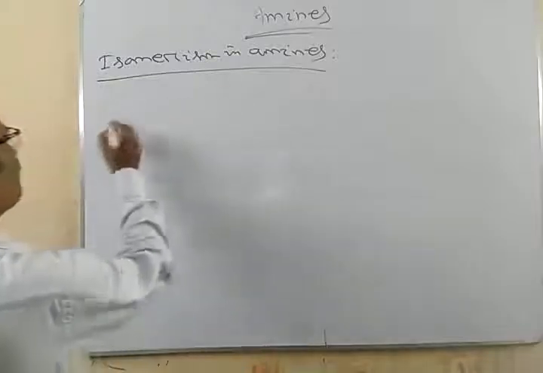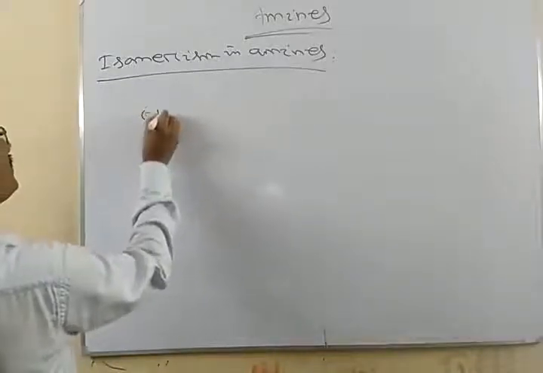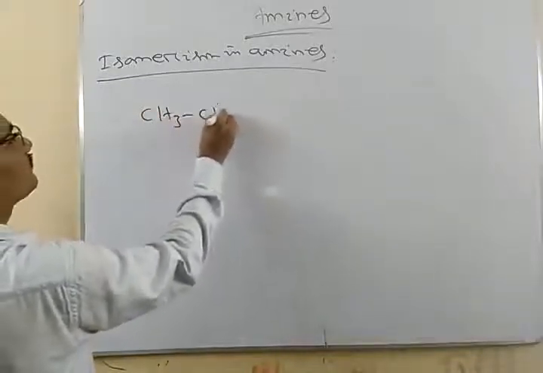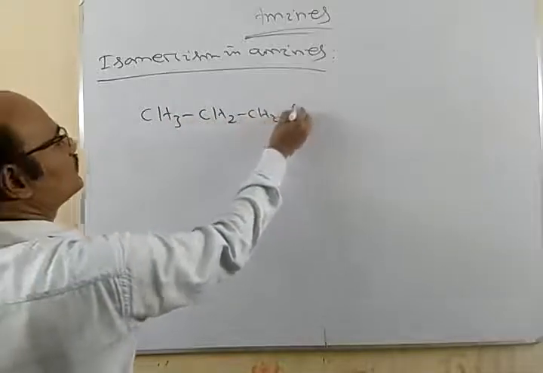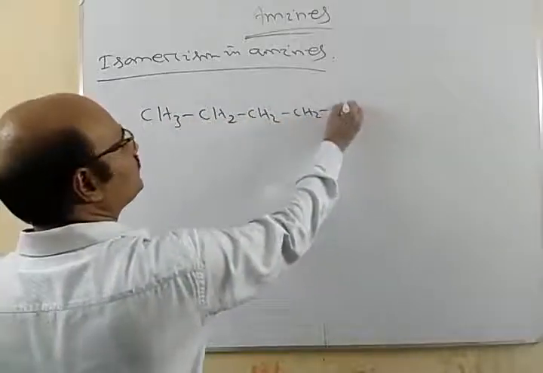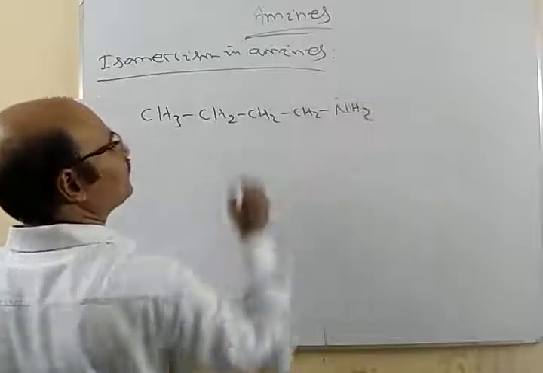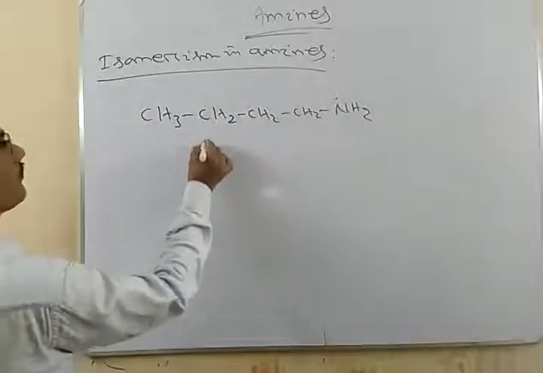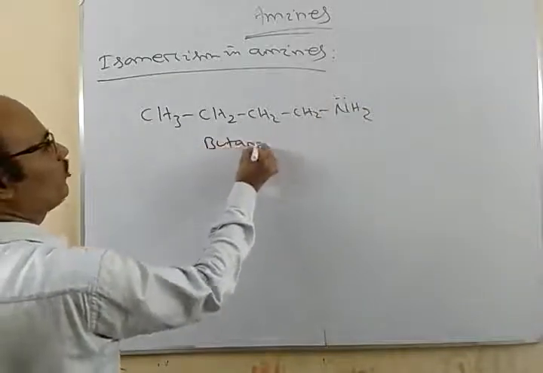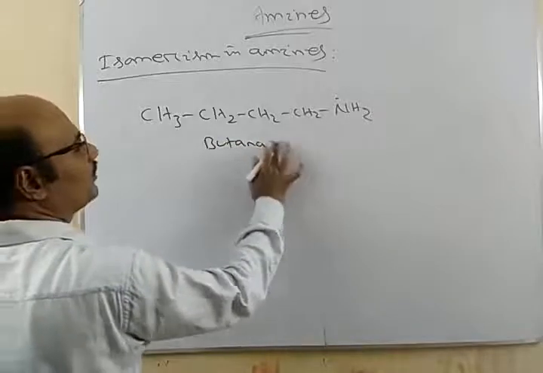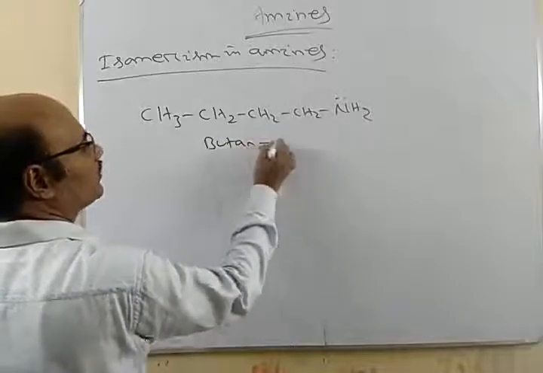Simply, if you take the amine CH3 CH2 CH2 CH2 NH2, this is butanamine, or butan-1-amine.